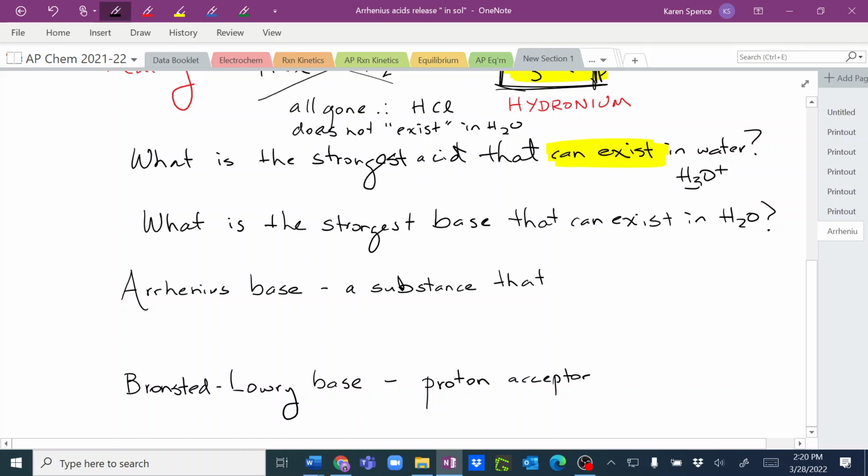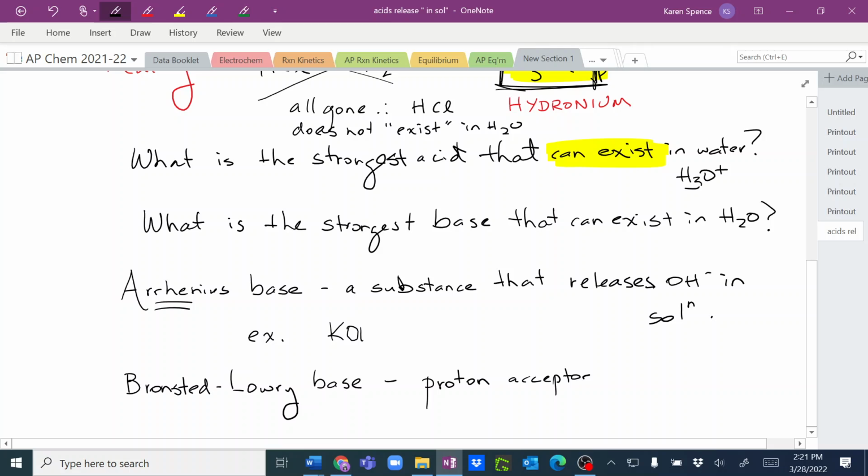It's something that releases. The Arrhenius definition all has to do with something being released. So with Arrhenius, you're either releasing hydrogen if you're an acid, or you're releasing hydroxide. Can you guys think of an example of a substance that releases hydroxide in solution?